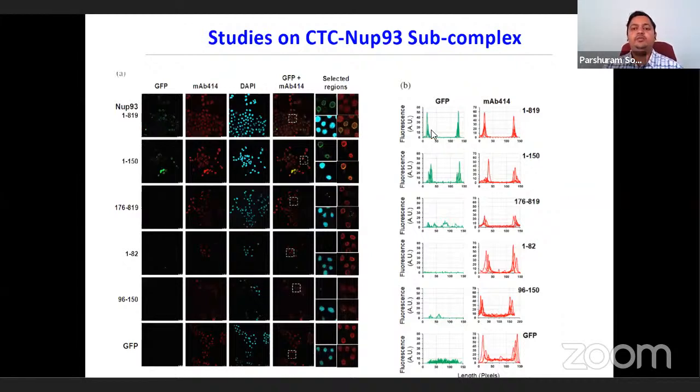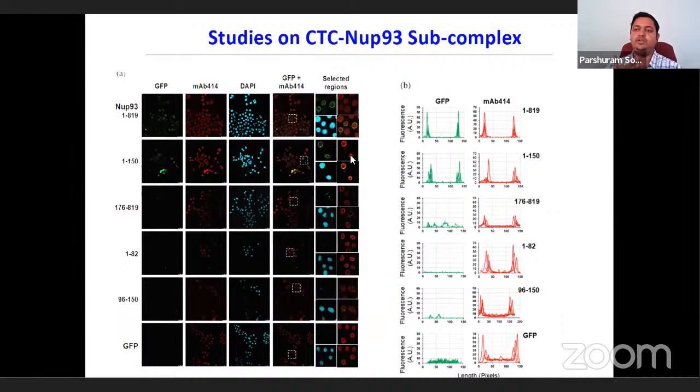Since the full-length protein is expected to localize to the nuclear ring, we could see a strong signal. And you can see in the smaller panels here the round circular rings of the nucleus detected with Nuc93. Interestingly, we could see that the 1 to 150 region was also able to make such rings.